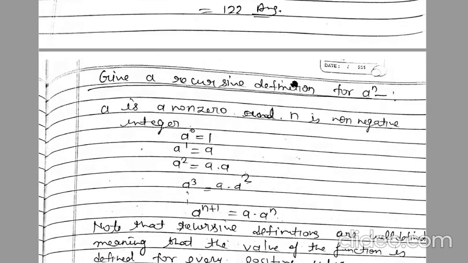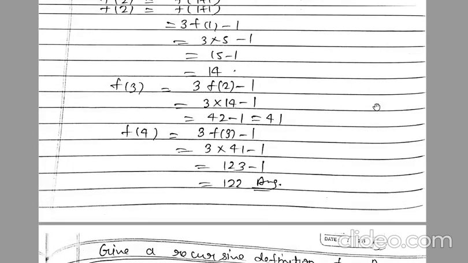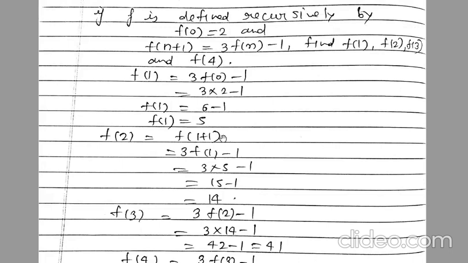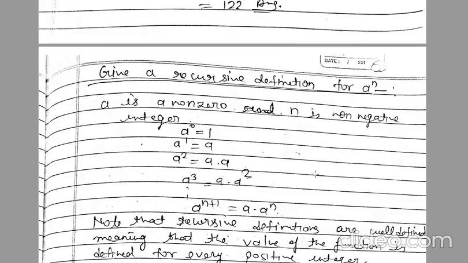Now give a recursive definition for a to the power n type. Here you can see that your equation is not a positive and negative condition, but here there is a sequence of a square, a cube, and so on, right? So your initial condition is a to the power 0 is equal to 1. We know that a to the power 1, a square, you can write a into a. So step by step you will get your sequence and you will get your final values, right?